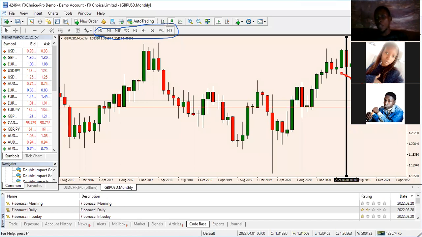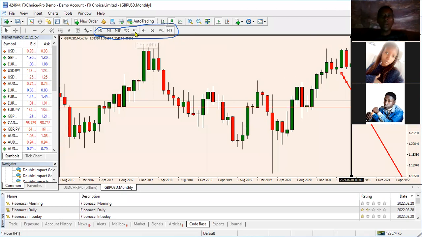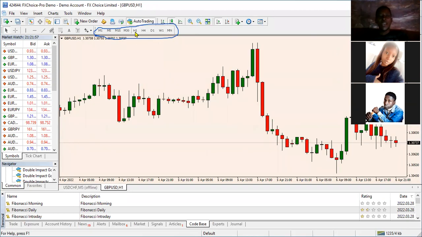Okay, let me remove it again. Let me shift it again so that you understand. You see, now I shift it. It's not touching this candle. You know, this candle now is the current candle. You know that? Yes, sir. So you see, this red line now is not touching the current candle. So let me go back to 1 hour. You see, there is no red line now.